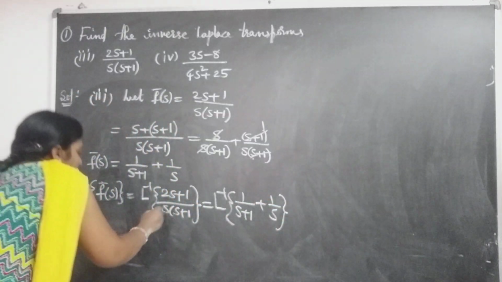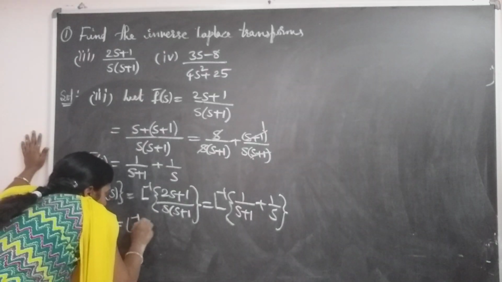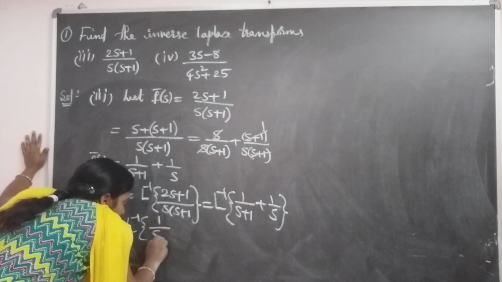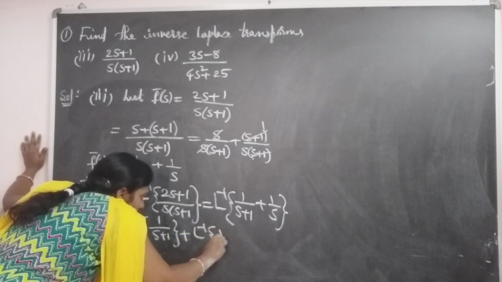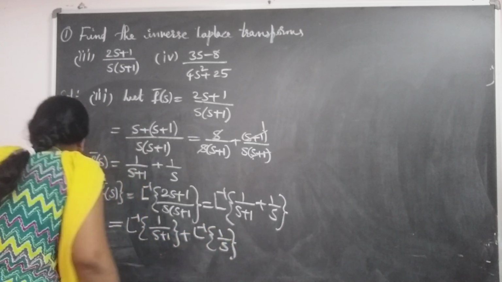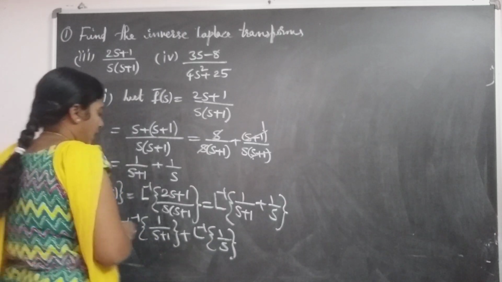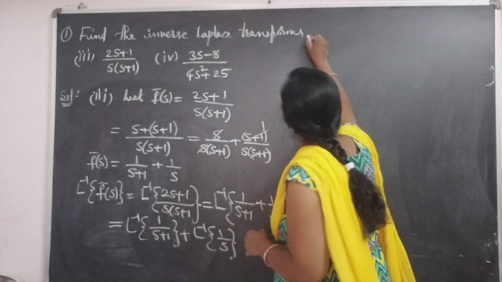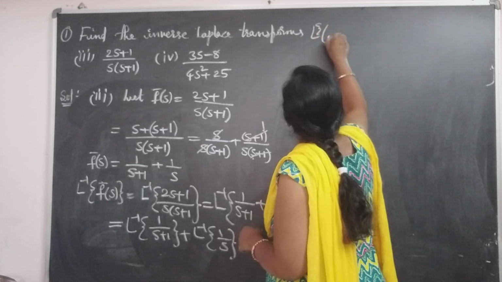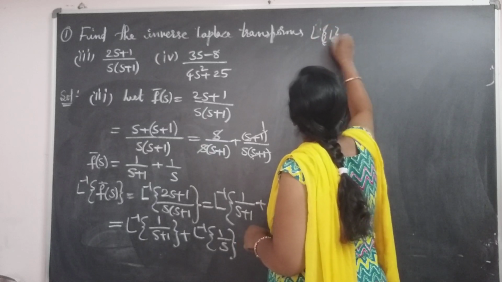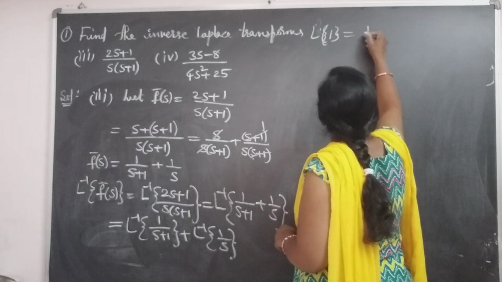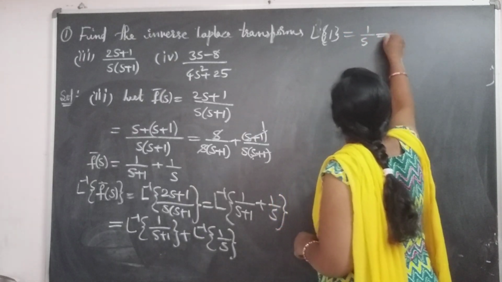By using linearity properties, write separately: L inverse of 1 by s plus 1 plus L inverse of 1 by s. Here we know that L of 1, a constant, is 1 by s.